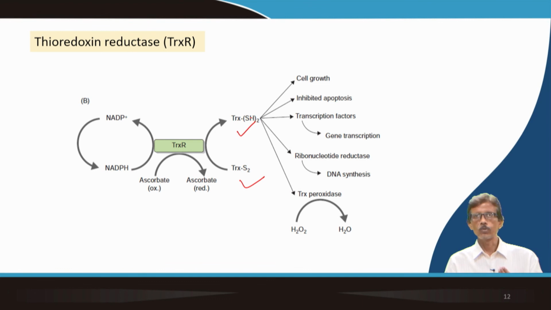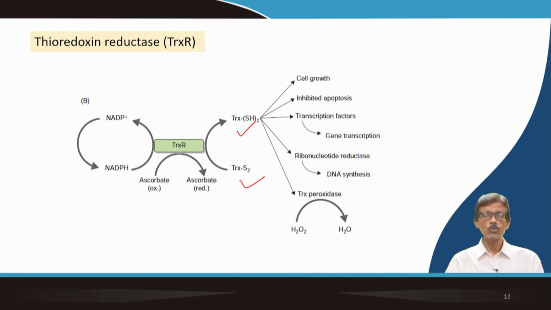We require this for cell growth, inhibited apoptosis, transcription factor and gene transcription, the ribonucleotide reductase reaction, DNA synthesis, and finally the TRX peroxidase activity. So, not only the peroxidase activity, but we should also know about the different types of activities, what thioredoxin reductase can help us in doing.